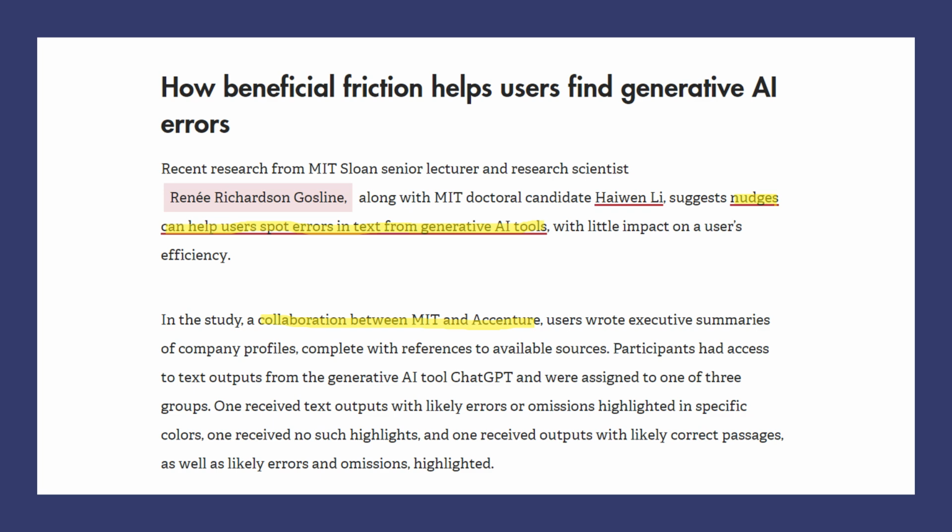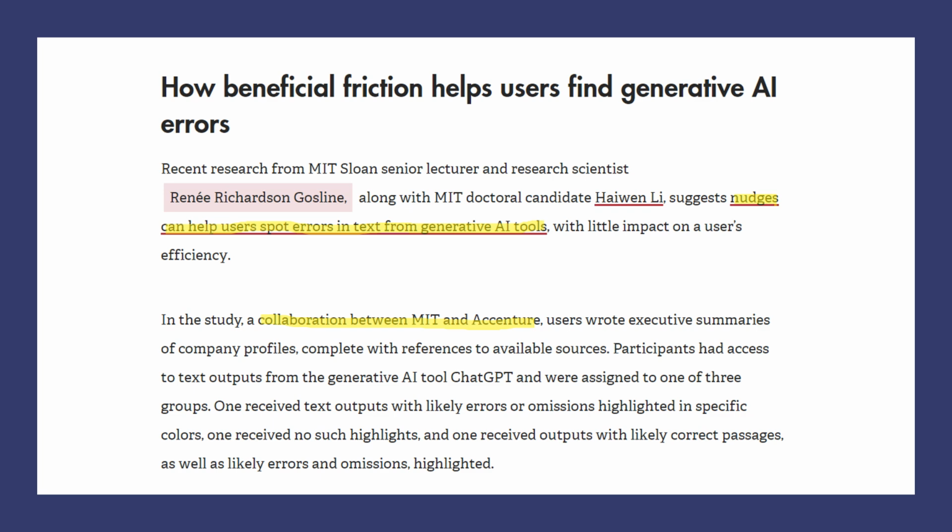The second idea in this process is how friction can be beneficial, which will help users find generative AI errors, right?